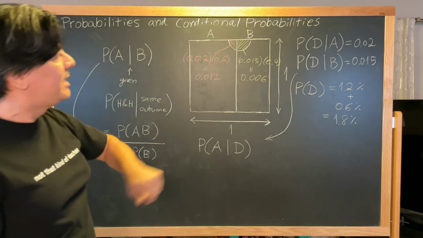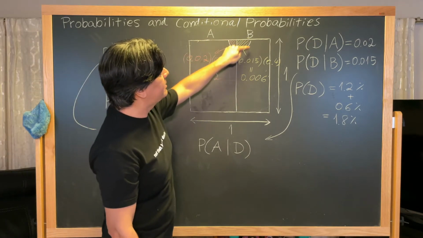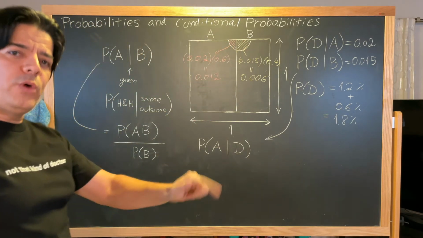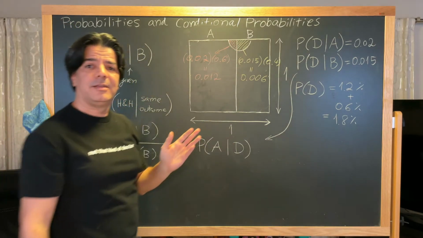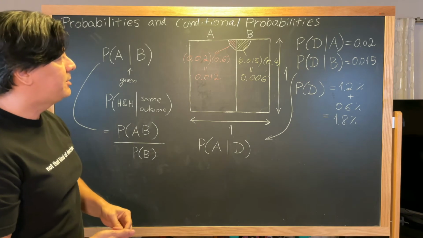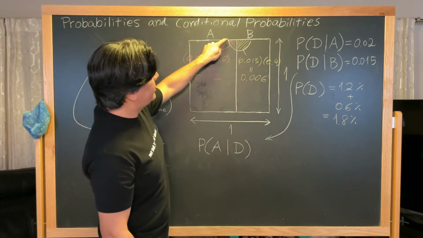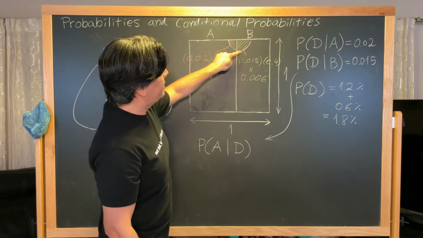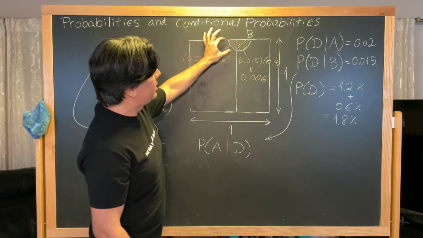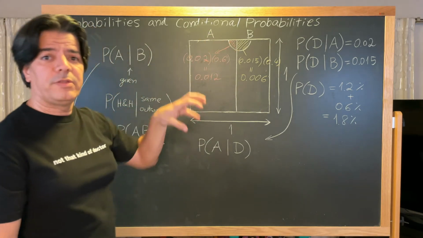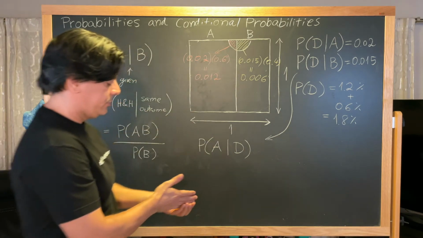I tell you, knowing that it fell inside the painted area, what is the chance that it fell on the side of A? And again, because these darts are equally likely to land anywhere, knowing that it fell in this little area here, the chance that it fell in the red is simply the ratio, how big is the red over the whole thing. Well, the red I know is 1.2%.